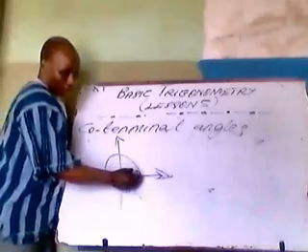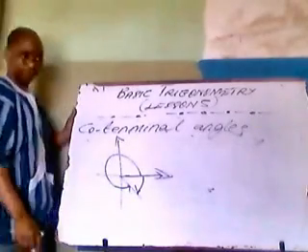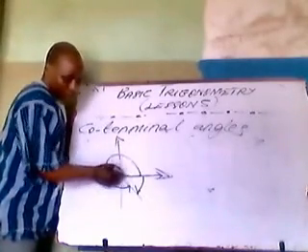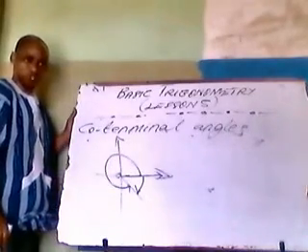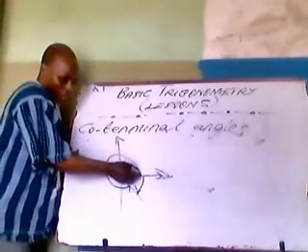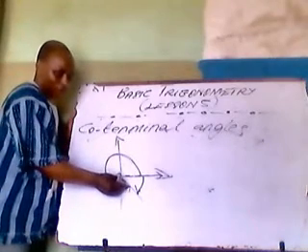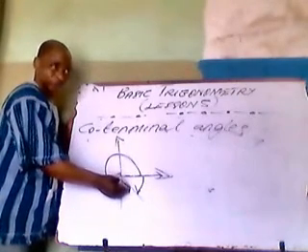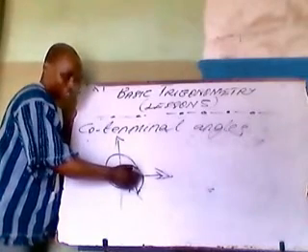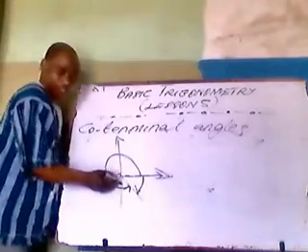There is another angle which goes this way. You see that both angles, let's say this is the vertex of the two angles, meaning they are all in standard position. Now this angle started from here, it went in the anti-clockwise direction and ended here. This one too started and went in the clockwise direction, then also ended here.